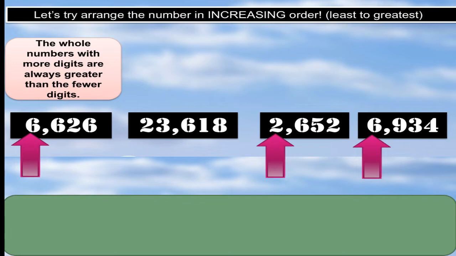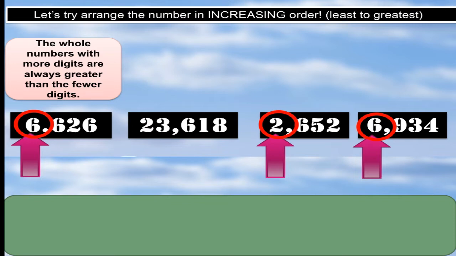So that is 6,626, 2,652, and 6,934. So let's compare the digits in the highest place value, which is 6, 2, and 6. As you could see, 2 has the smallest value.